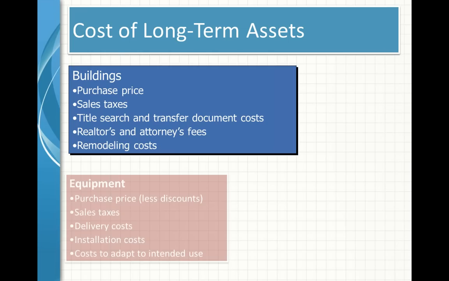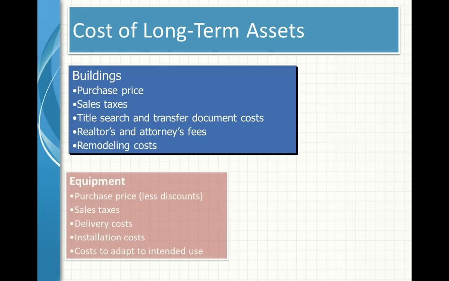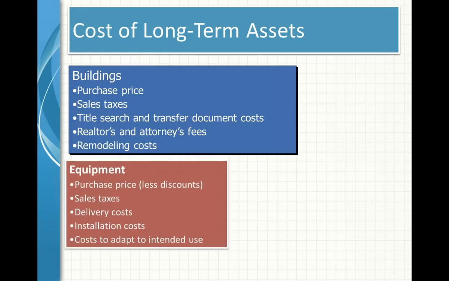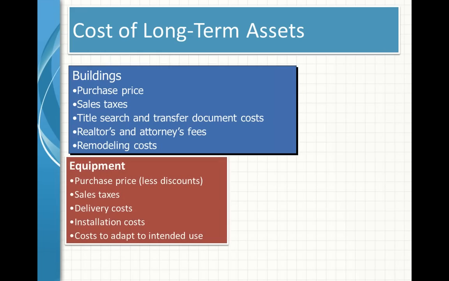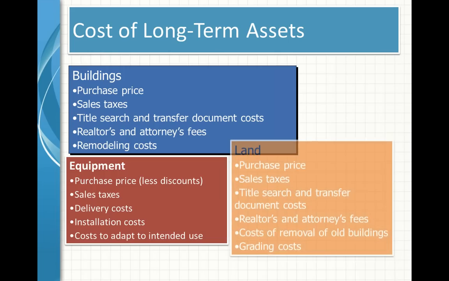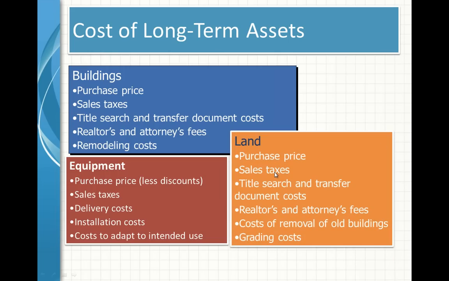Now, cost of the long-term assets like building includes purchase price, sales taxes, finder's fee, any registration charges, etc., can be added. In the case of land, very important are the purchase price, taxes, finder's fee, real estate commission, etc., and grading of the asset, that is the cost of removal of old assets, and grading costs.